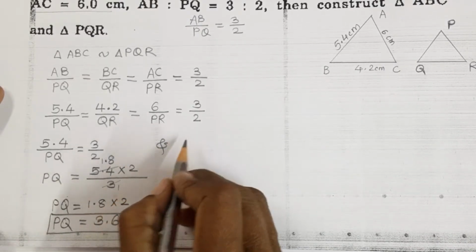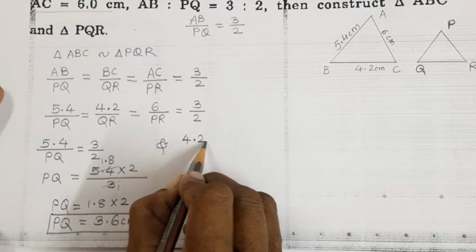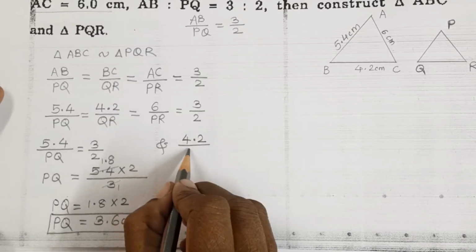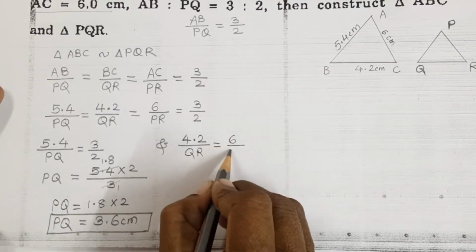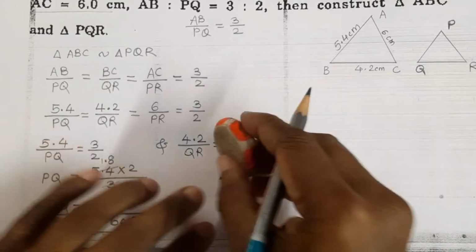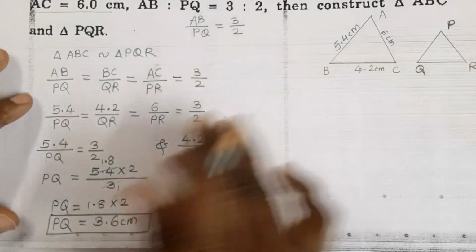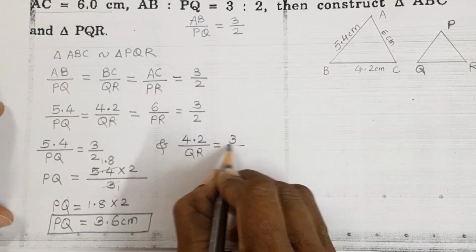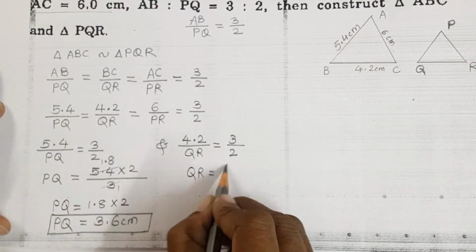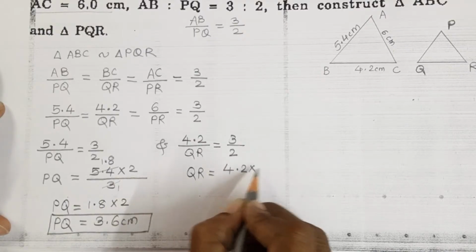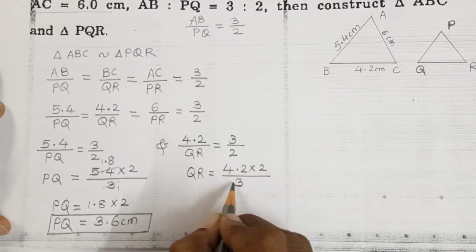And taking the next ratio, 4.2 upon QR is equal to 3 upon 2. So here QR is equal to 4.2 multiply 2 upon 3.